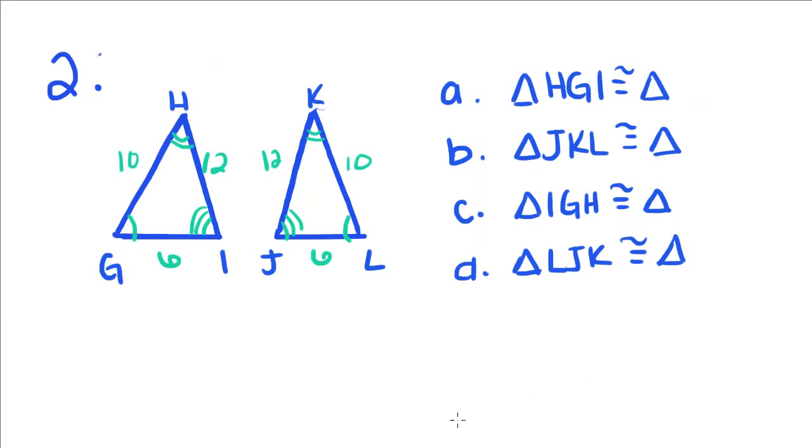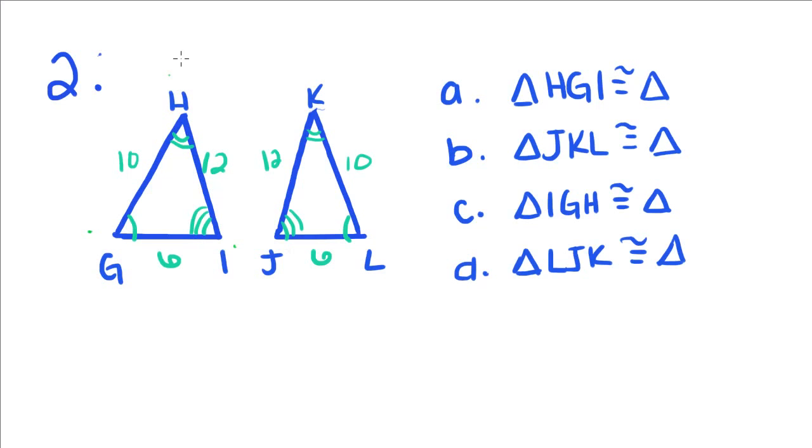And we're going to do one more example, but we're going to do it by naming the triangles that are congruent, and we're going to name them according to their corresponding parts. So for the first one, we wanted to say that triangle HGI is congruent to another triangle. So we have to look at which sides and which angles are congruent so that we can name them correctly.